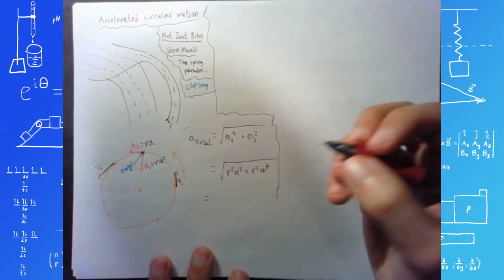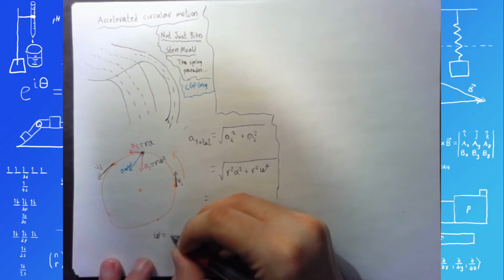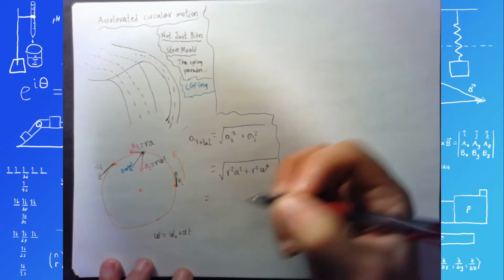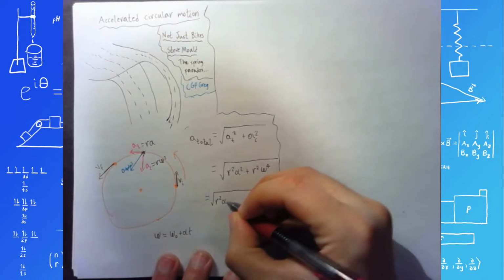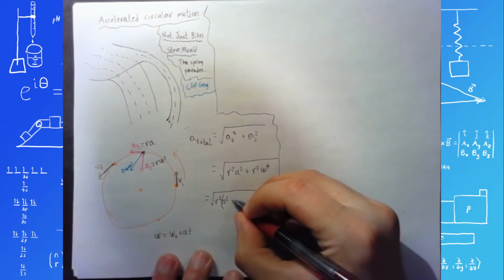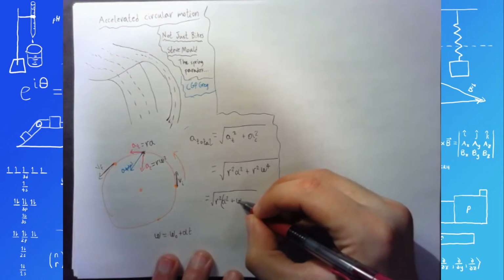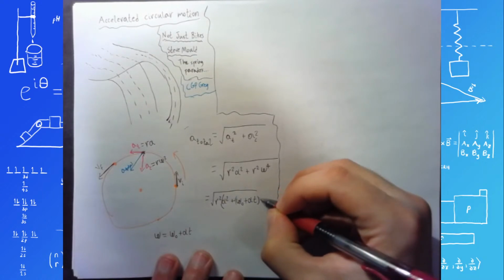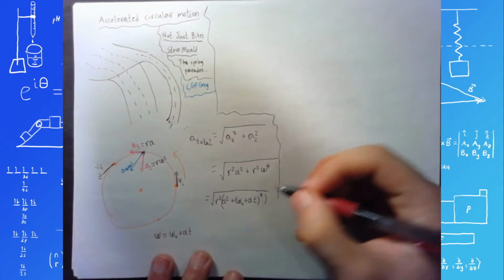Let me see. So omega equals some omega initial, I'll call it omega 0, plus alpha t. So if I factor out the r squared, and then this will be omega 0 plus alpha t all to the fourth. Is there anything of interest here?